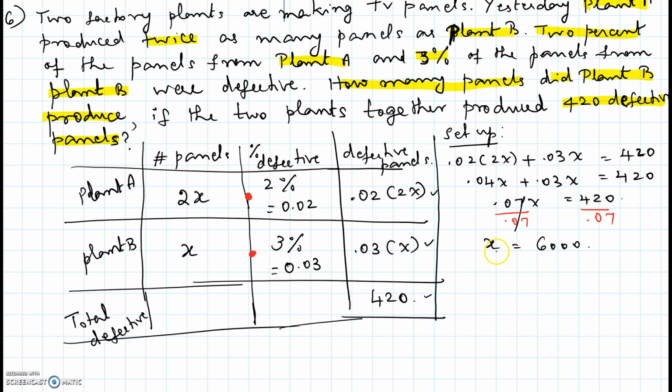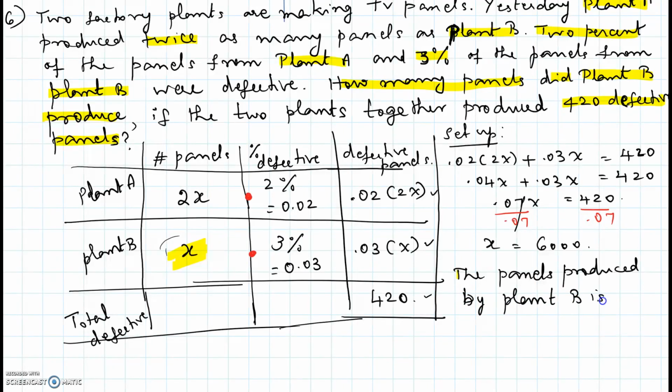But x in the context of the problem is the number of panels produced by plant B. So we say in words, the number of panels produced by plant B is 6,000. In a word problem, it's better to leave the answer in terms of words.